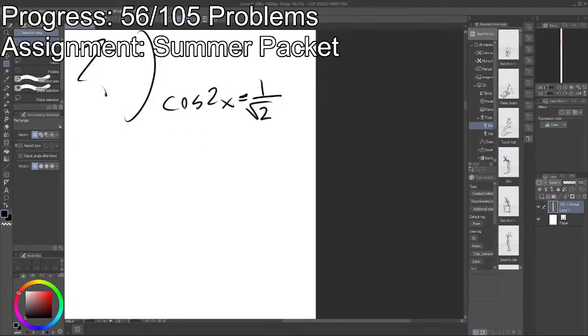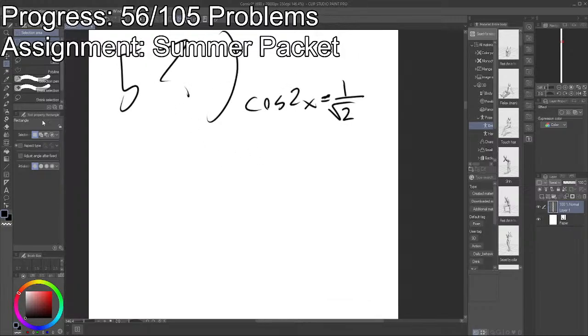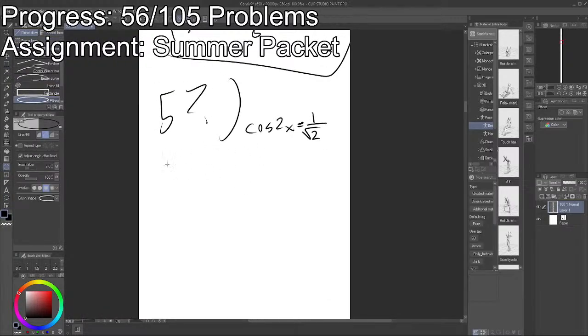So pull up the unit circle. So you straight up ignore the 2 until the end. Bring up the circle again.